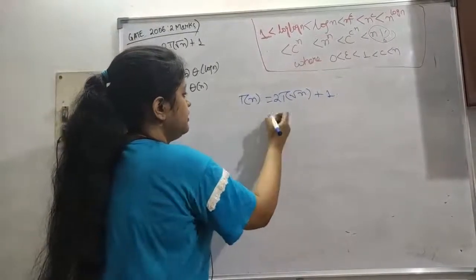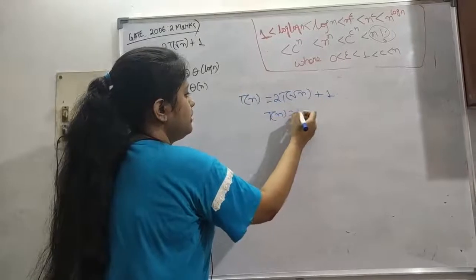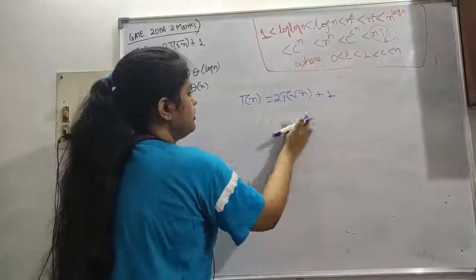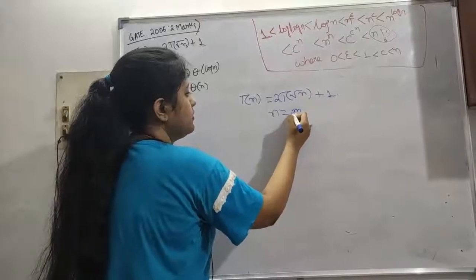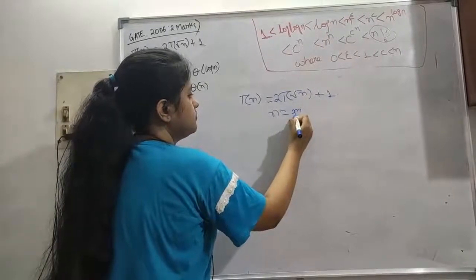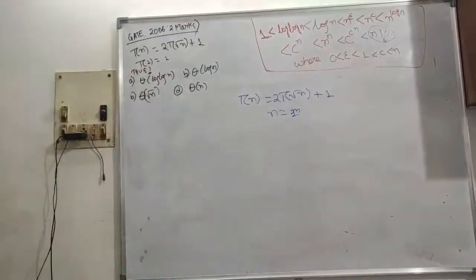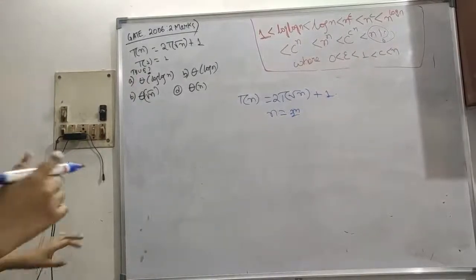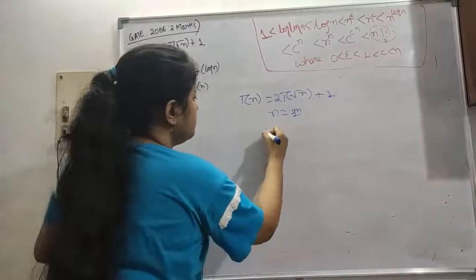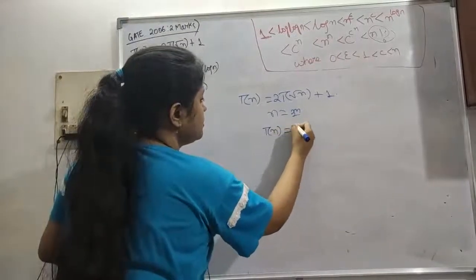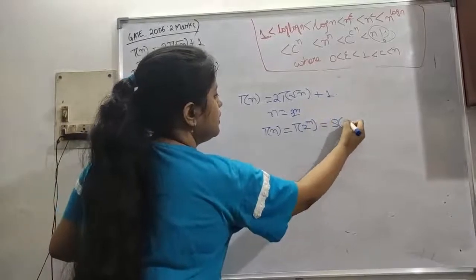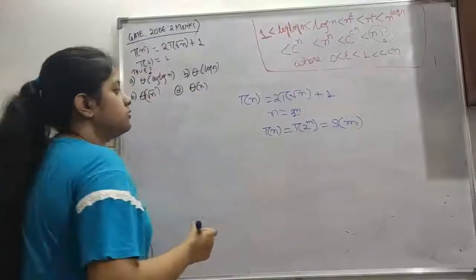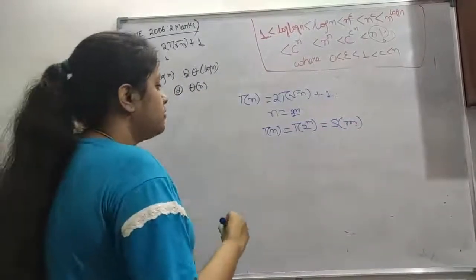Let's take t of n, so let n equal to 2 to the power m. So now t of n is equal to t of 2 to the power m, or we can write S of m. So now let's put the values here.